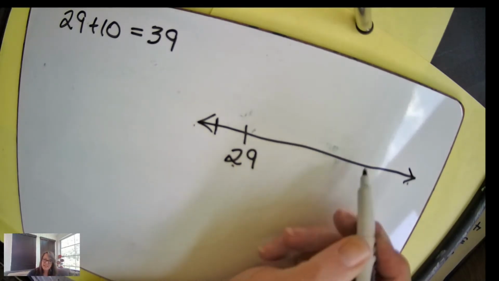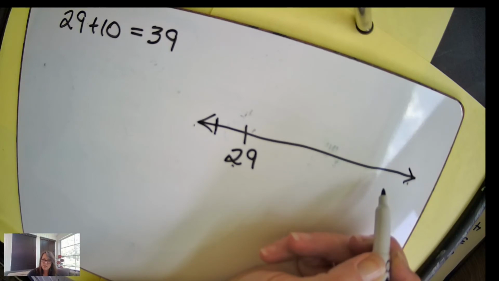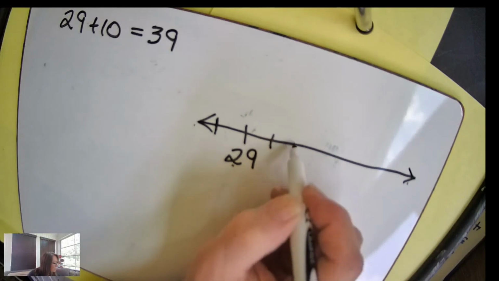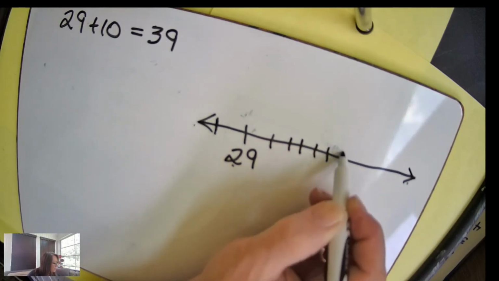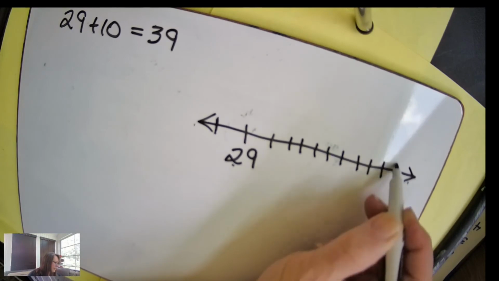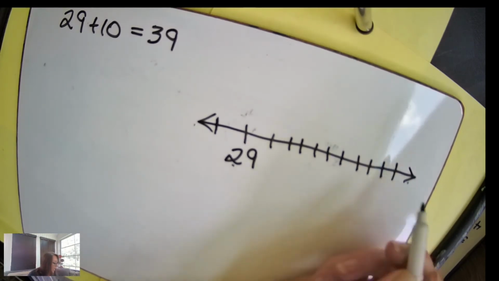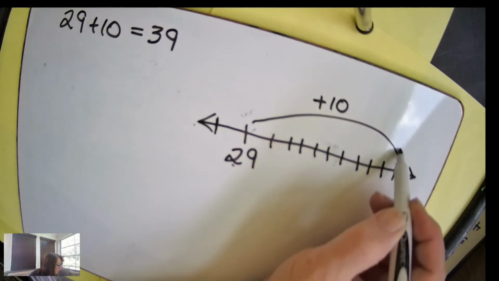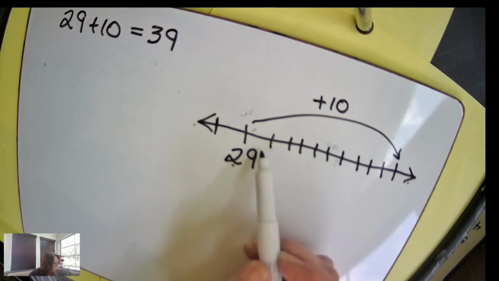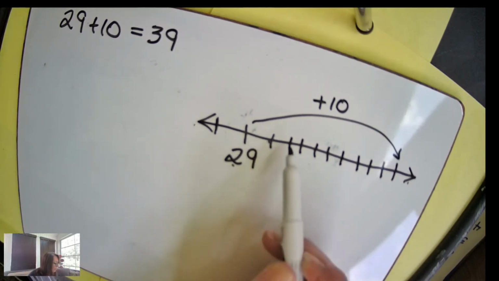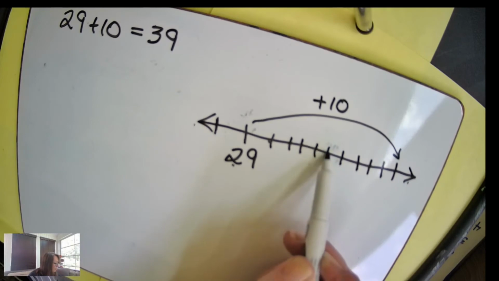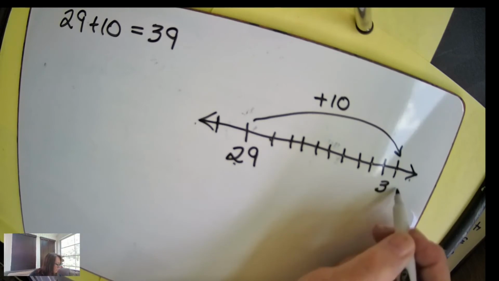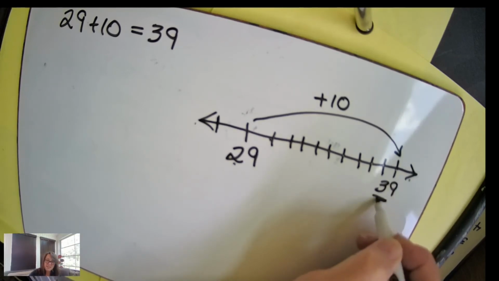Do I need to make 10 marks here? I could say 1, 2, 3, 4, 5, 6, 7, 8, 9, 10, and add 10 more, plus 10, and then say 29, 30, 31, 32, 33, 34, 35, 36, 37, 38, 39. And know that this is my answer.